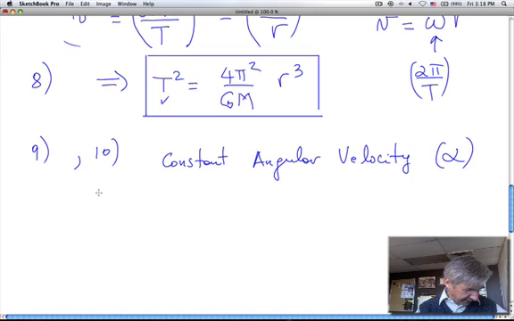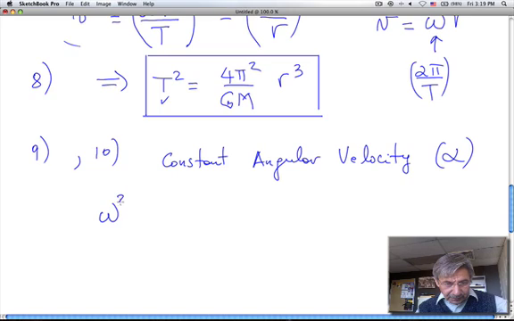So in the first case, if you push a merry-go-round from rest, and you start pushing it and then you give it a final angular velocity, and you do that at a constant angular acceleration, you want to know what that acceleration is.